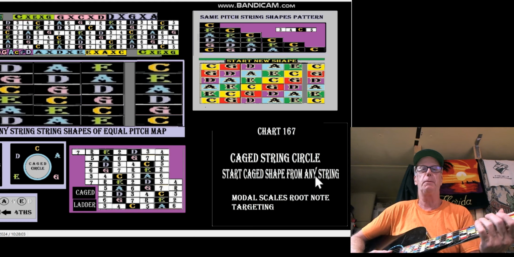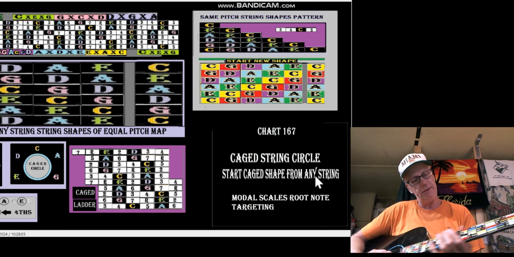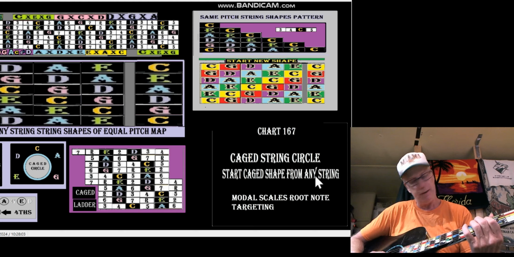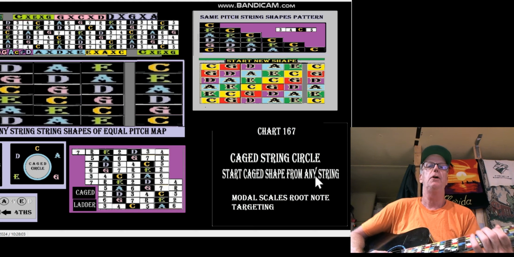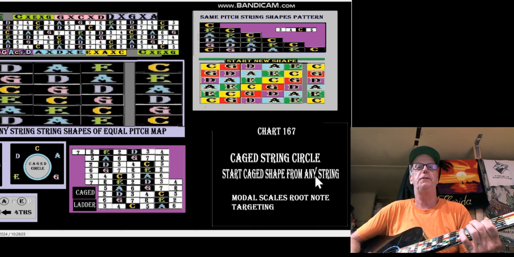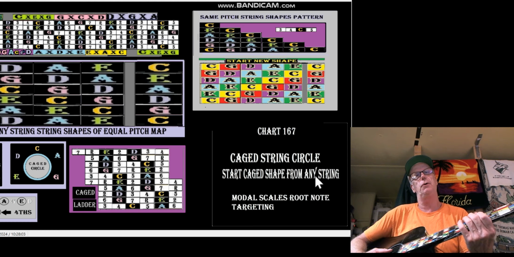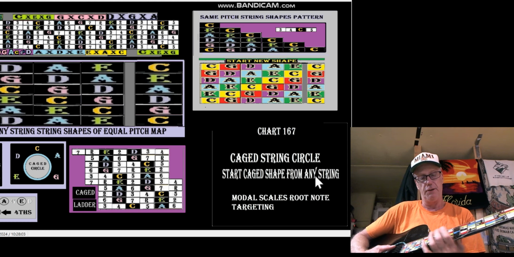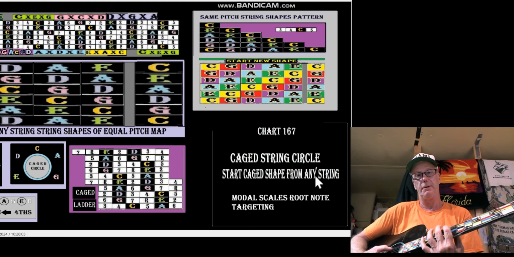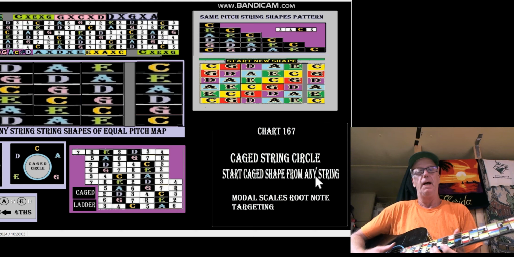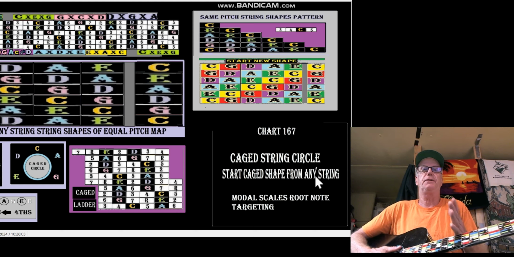So we start that G shape here on the second string, and it should become a different shape. You may know the G pentatonic shape. It's just a pentatonic scale that starts on the 6th.